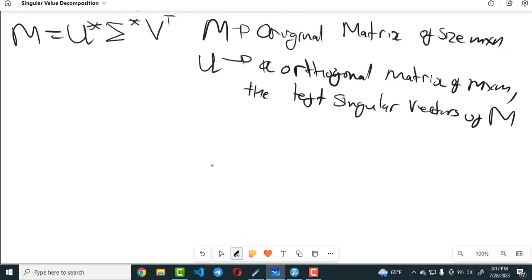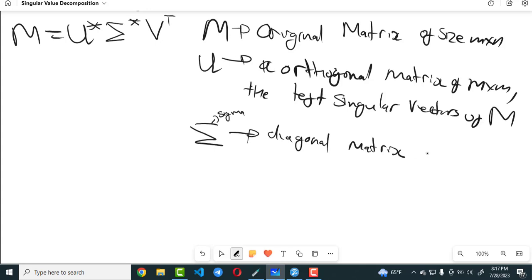And our sigma, or summation, is only representing the diagonal matrix.